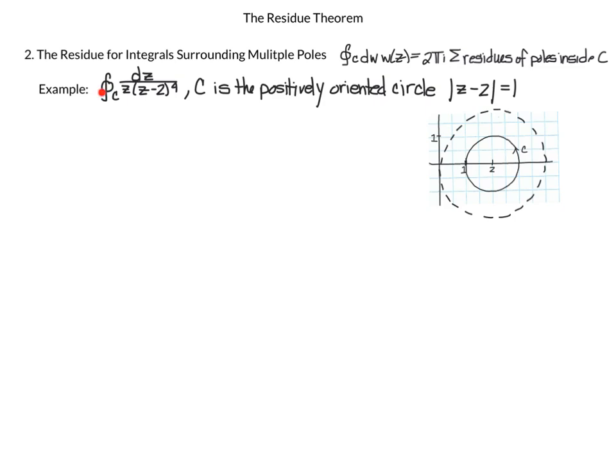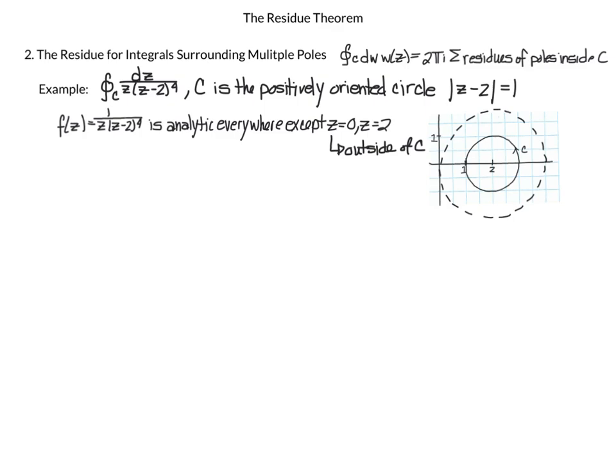My last example is to integrate over C, 1 over z times (z minus 2) to the 4th, where C is the positively oriented unit circle centered at 2. So here I have my unit circle centered at x equals 2.